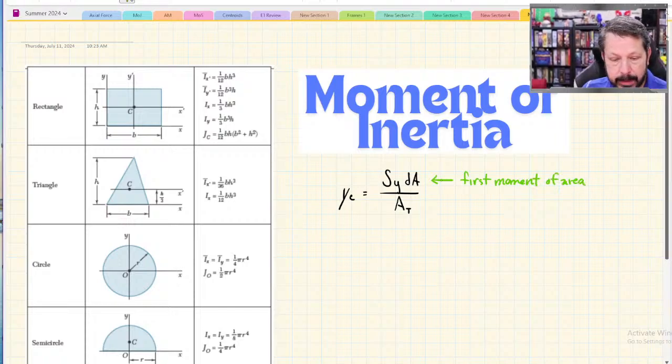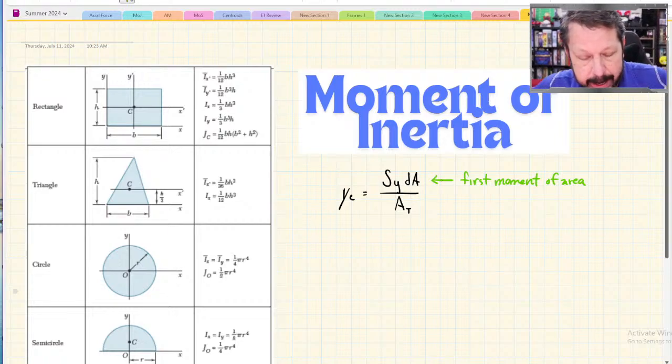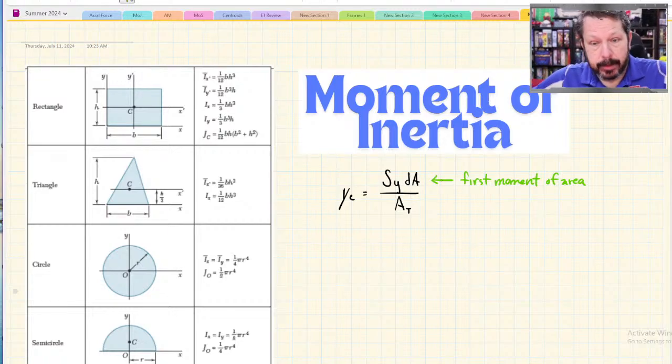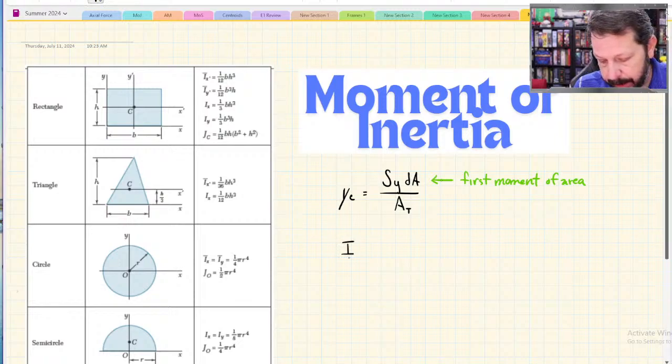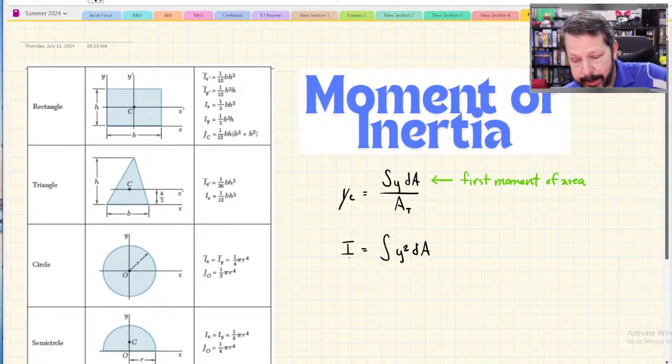Well, a moment of inertia, you see all these I values here. There's some J's in there too, that's a different thing. But the I is the moment of inertia. And if we were to write a similar equation, it would look like this: the integral of y squared dA.